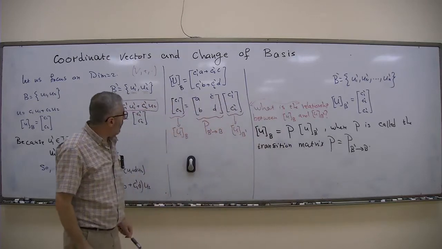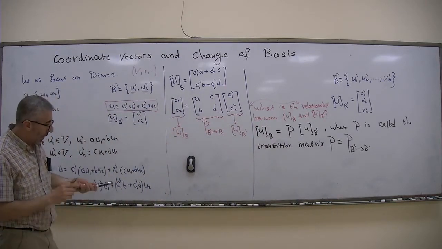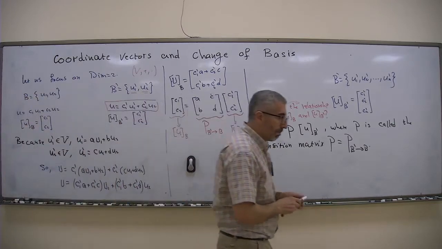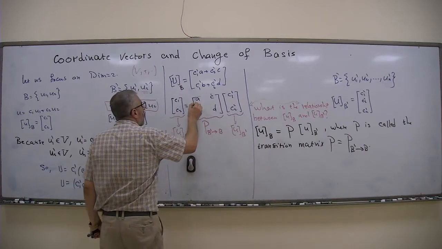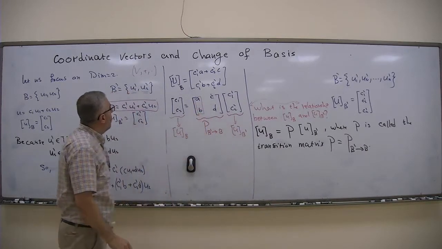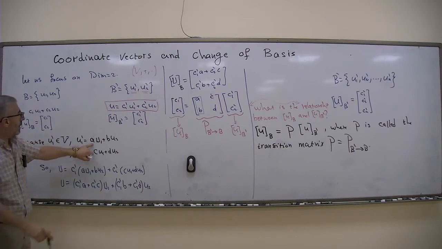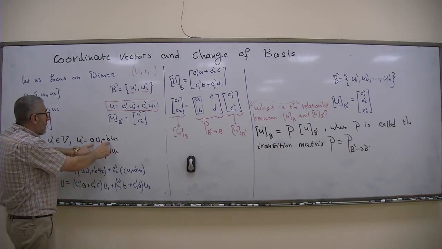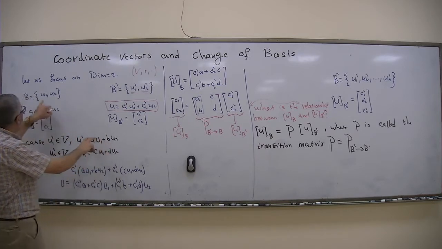Well, let's focus on this transition matrix that we got. What is this transition matrix? You can see from here, the first column. What is the first column here? A, B. A, B is the coordinate vector of U1 prime when you use the first basis.